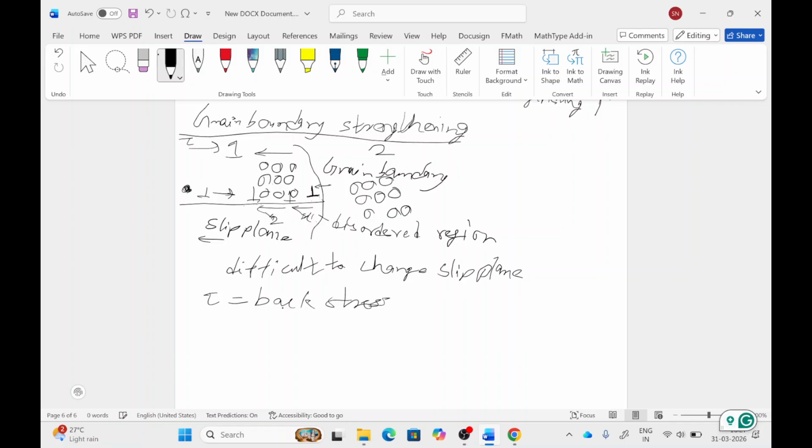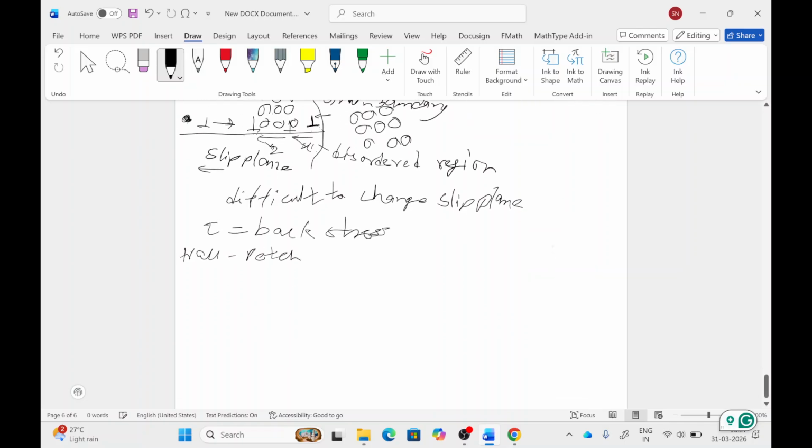So from this relation, Hall and Petch, these are scientists, derived an equation with this back stress concept. So the final yield strength of a material can be represented as directly proportional to the square root of d, where d is the grain size in micrometer.